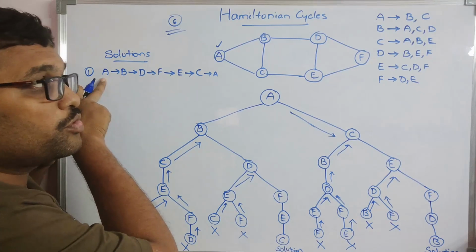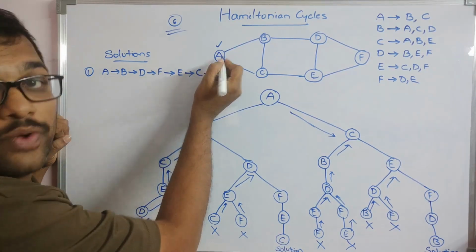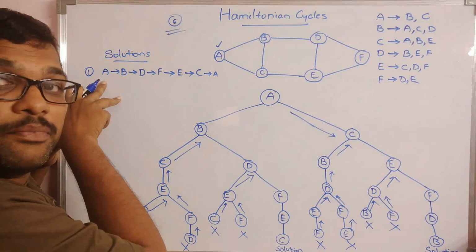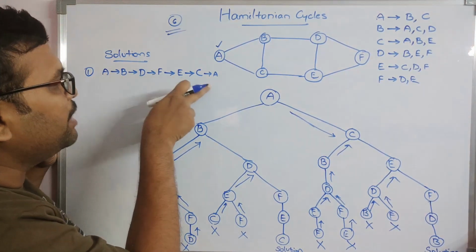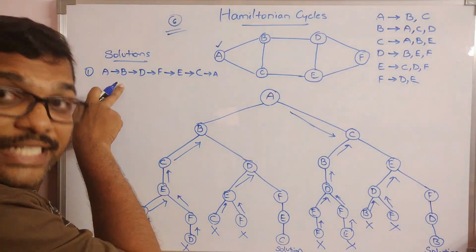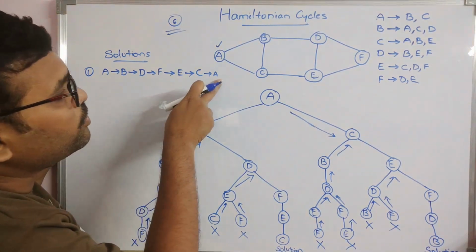Starting from the source vertex, I am considering the source vertex as A. So starting from A, visiting B, D, F, E, C. That means all the remaining vertices exactly once and coming back to A.